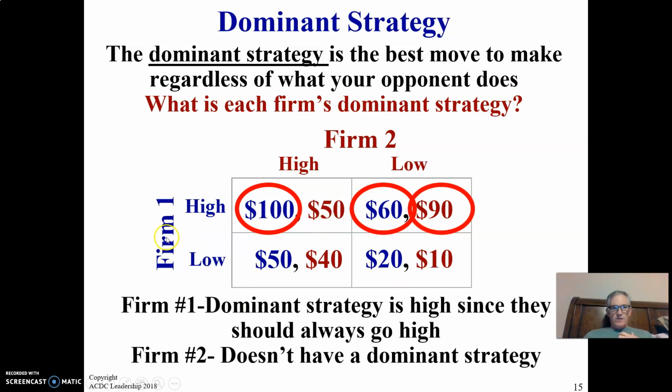What if firm one were to price low? Would we rather make $40 or would we rather make $10? Obviously they want to make $40. So notice they don't have a dominant strategy, because if firm one went high, then they're better off going low. If firm one went low, then they're better off going high.